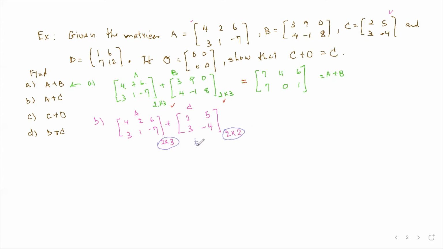So not equal, right? So then this one is no solution. You can say no solution, or you can say doesn't exist, either one. Okay, everyone understand now? Because they have different order, you cannot sum it up. So then B can't.